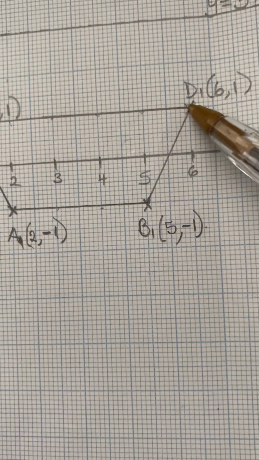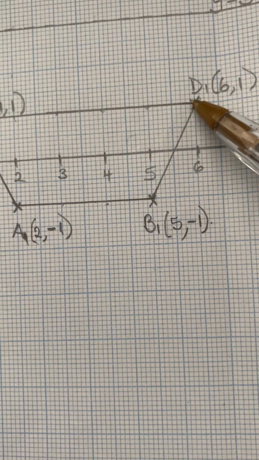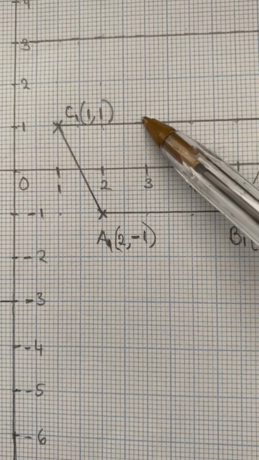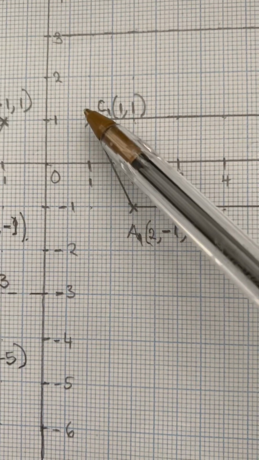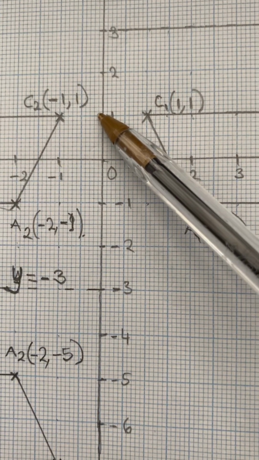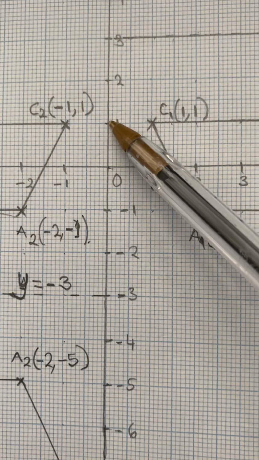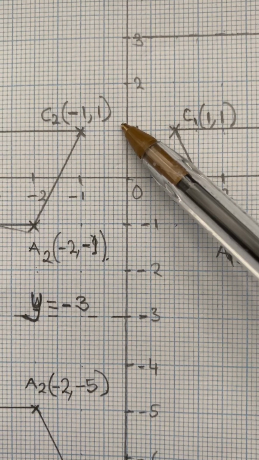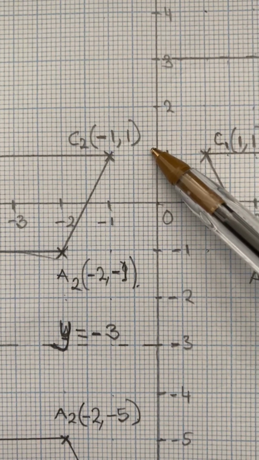D1, we reflect that one also. So 1, 2, 3, 4, 5, 6. We count 6 units to get to x equals 0. So we need to count another 6 units away.